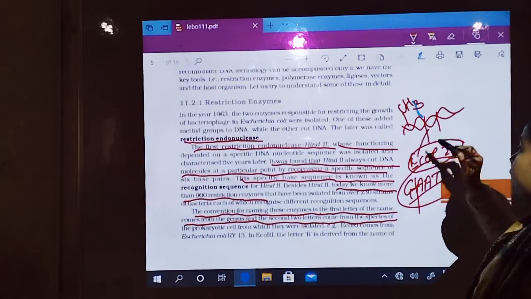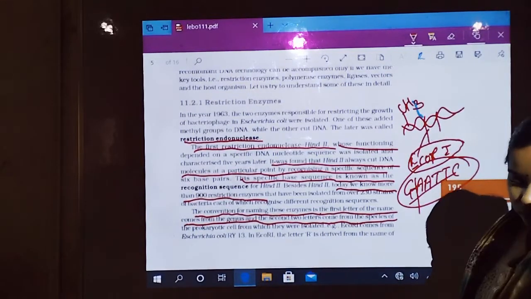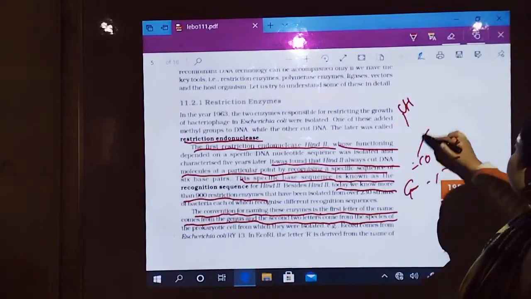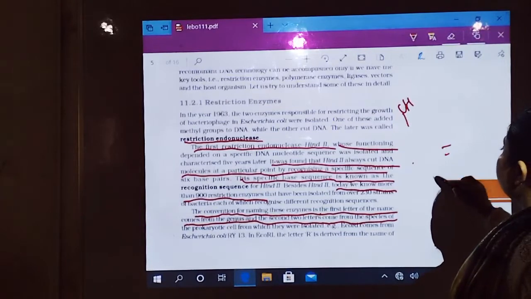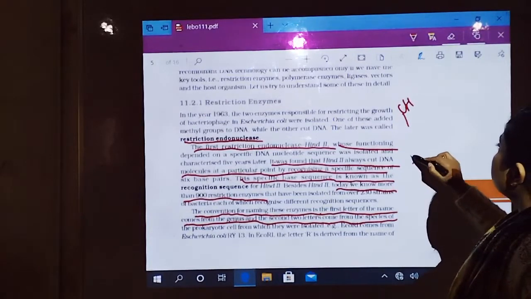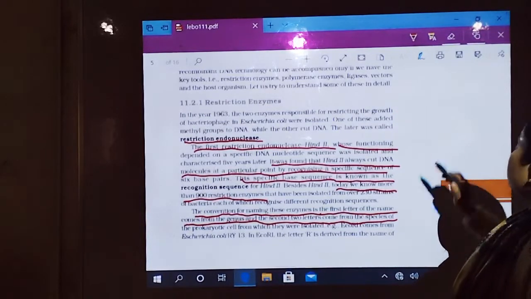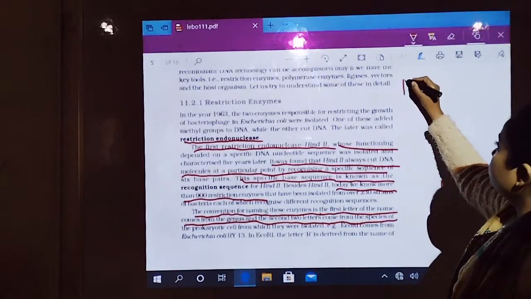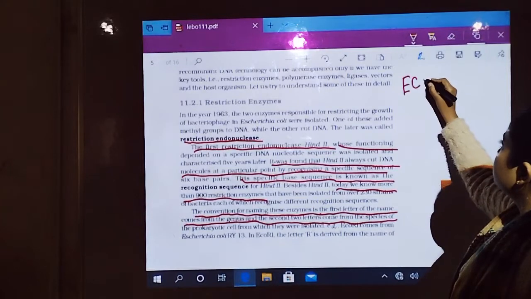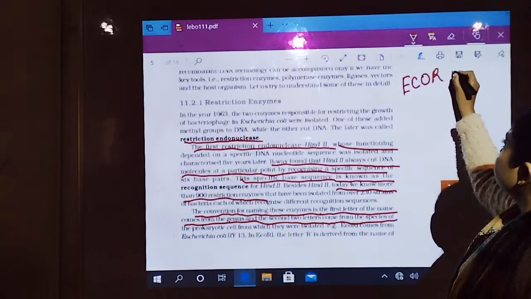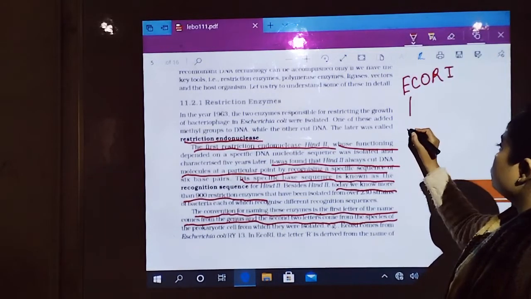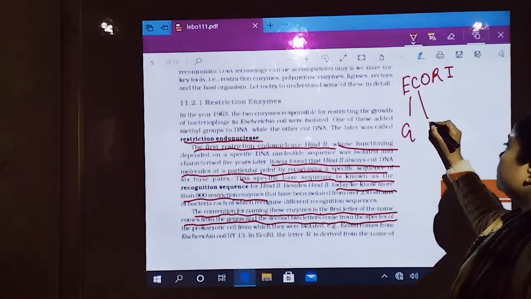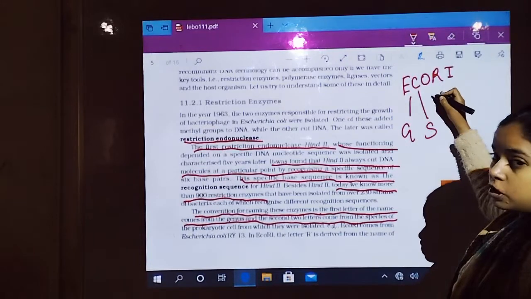The first letter denotes the genus name, E. The next two letters, co, show the species epithet or species name.